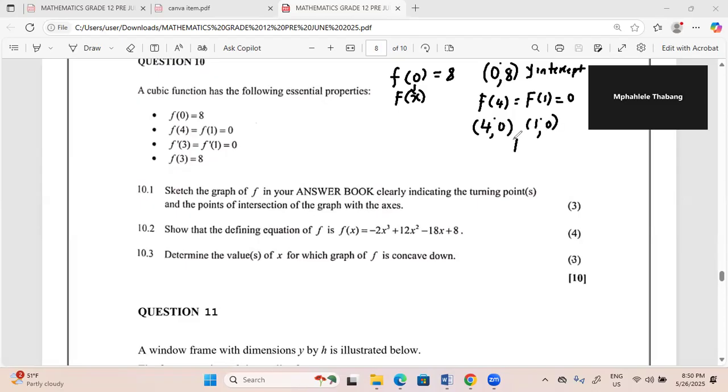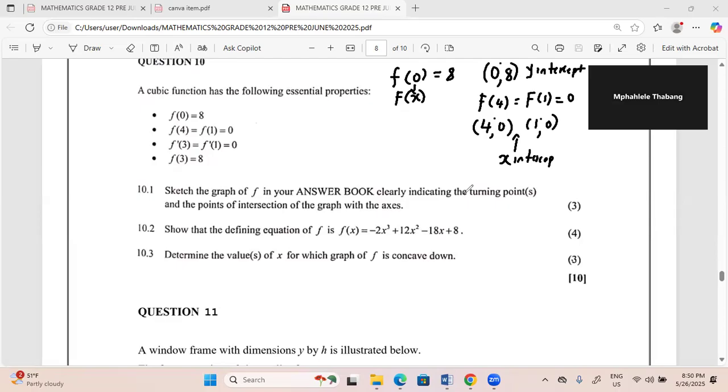These are what we call the x-intercepts. The x-intercepts of the function f are (4, 0) and (1, 0), meaning that the graph cuts the x-axis at 4 and it also cuts the x-axis at 1.